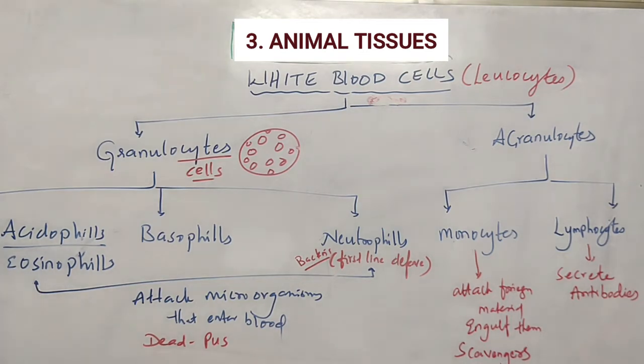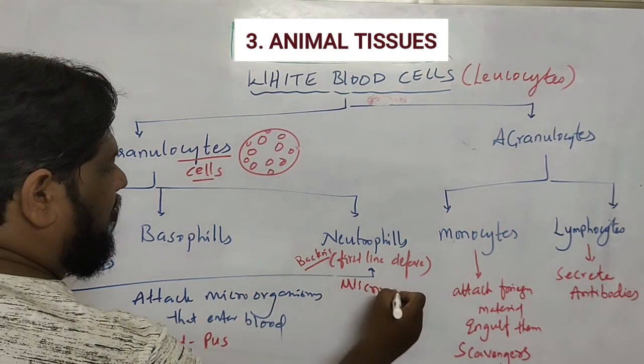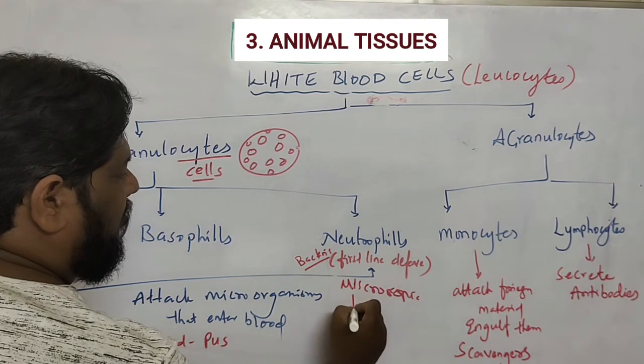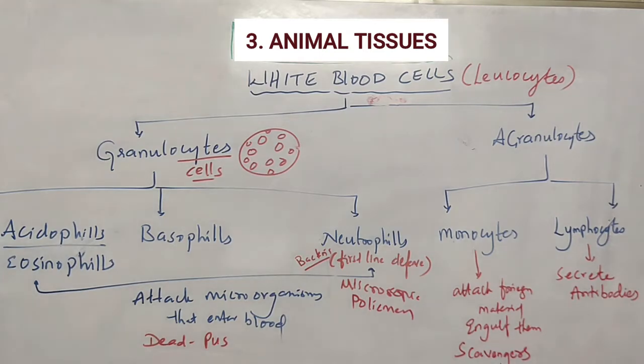Especially among these three, neutrophils attack the bacteria which enter into the body, and that's why they are called the first line defense against the bacteria. They will directly attack the bacteria, and these neutrophils are also called the microscopic policemen of the blood.